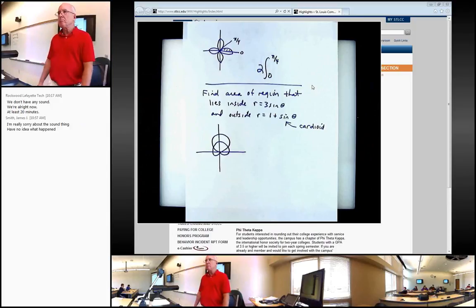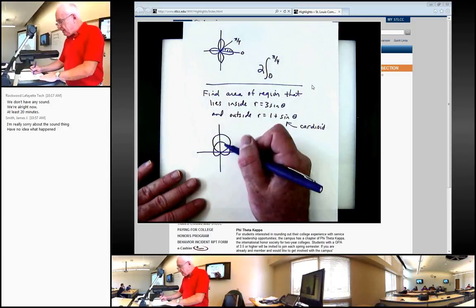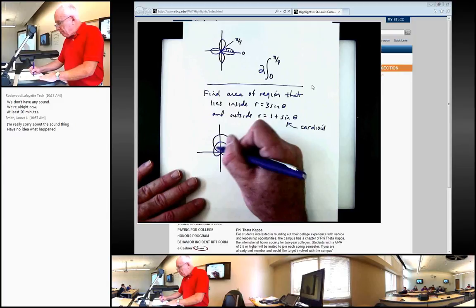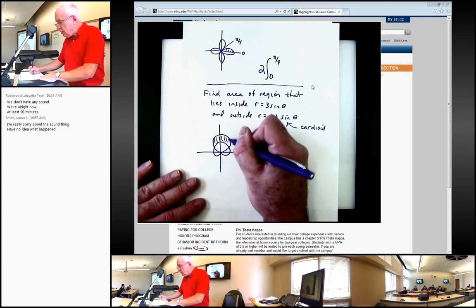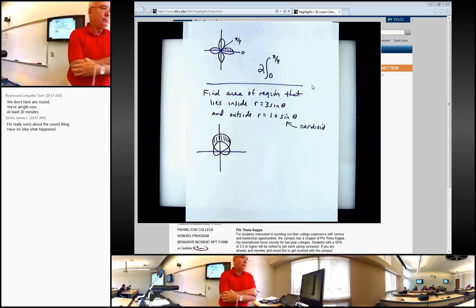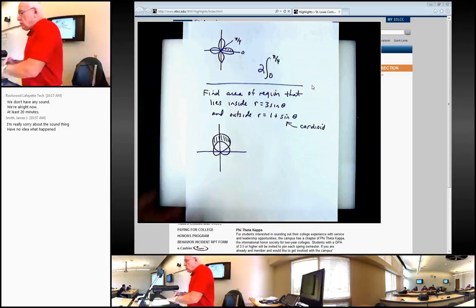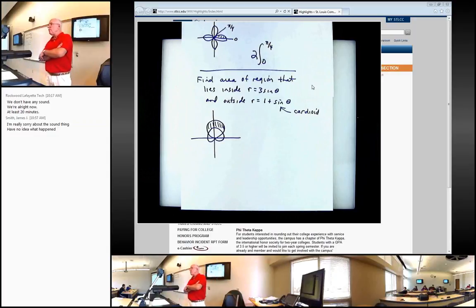What we're talking about then is trying to find the area that's above the cardioid and below r equals 3 sine of theta. So it can be very helpful just to draw a very rough graph of what you're trying to find.